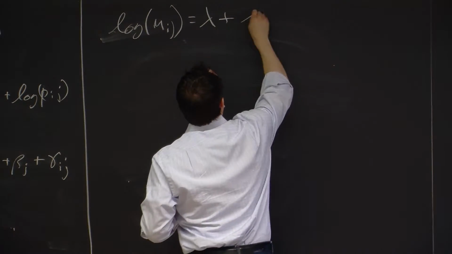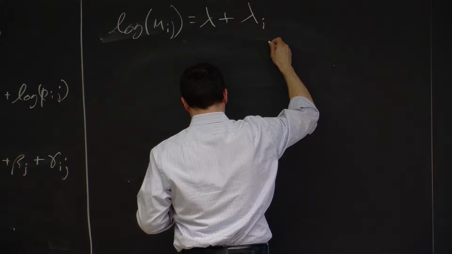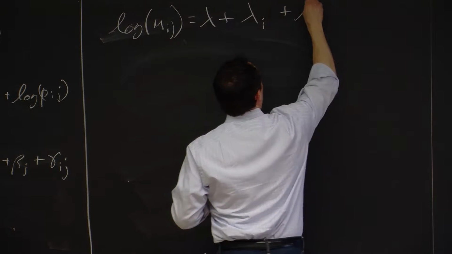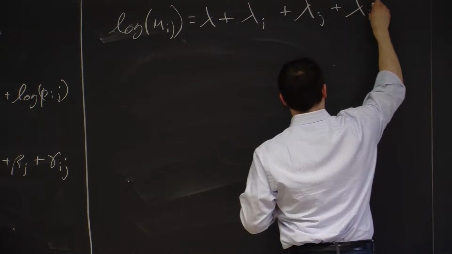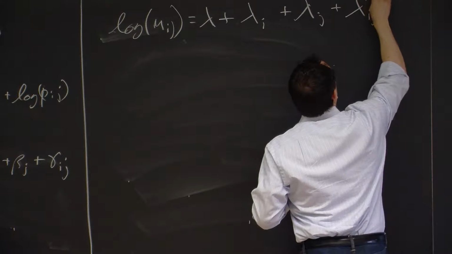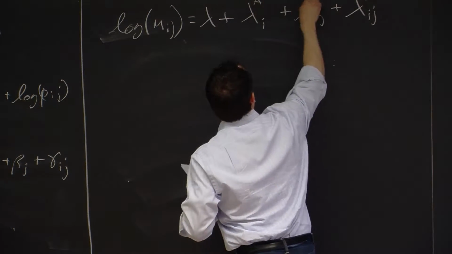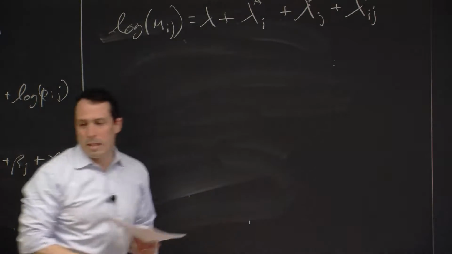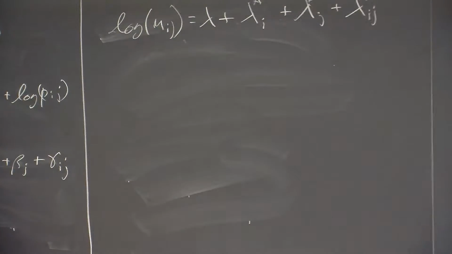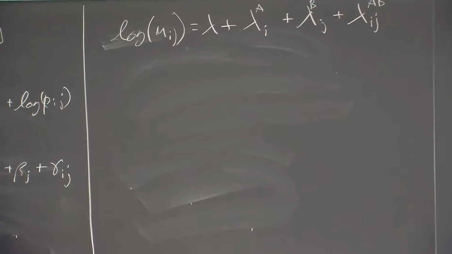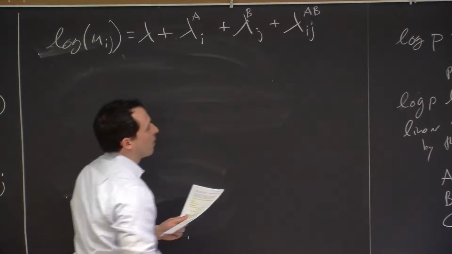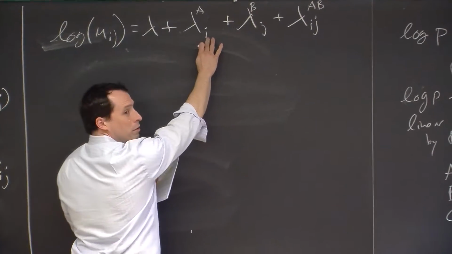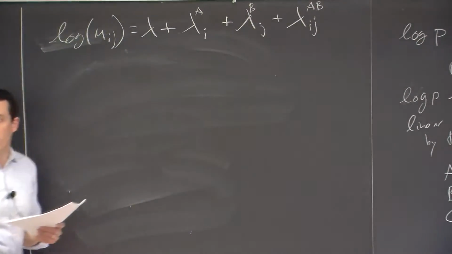And all the other parameters are also called lambda, but we have to label them by which variables they correspond to. So these superscripts A and B are not exponents. It's just a label that says, I have a bunch of parameters, I'm going to call them all lambda something. They're indexed by what value it takes and what variable it corresponds to.